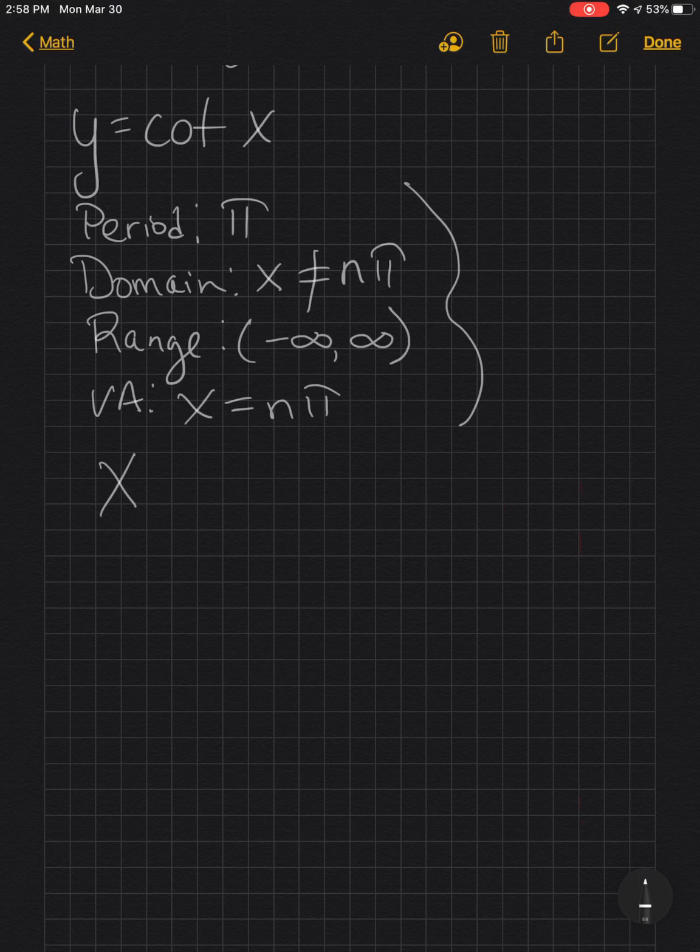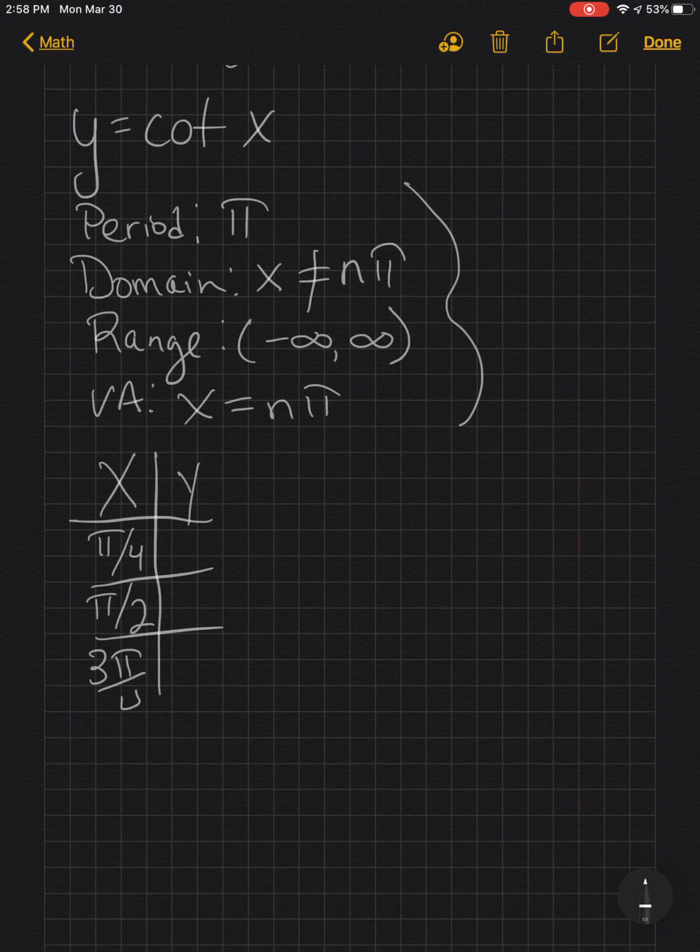Our second step is making a table. Okay, our key points. What did we say they were? We said we had pi over 4, pi over 2, and 3 pi over 4. Those key points may change depending on our b value.